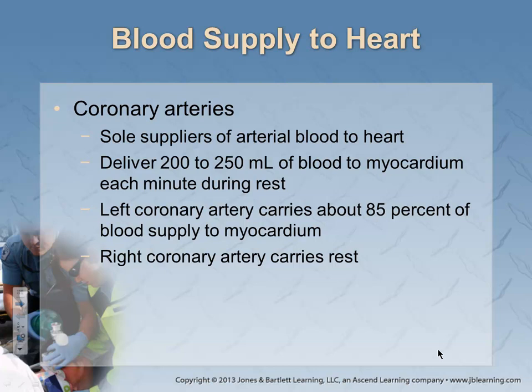If it's a small area of the heart that has a clot in it, usually the heart can pick up and at least feed around it so that the heart still has time to be seen about. You wouldn't have that if you had a left coronary clot high up, like in the stem of it, because 85% of the blood is being supplied to the heart. And then the right coronary carries the rest of it.